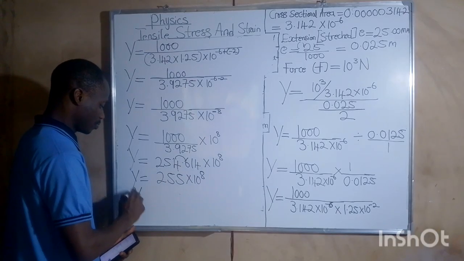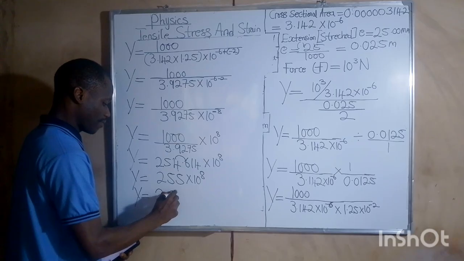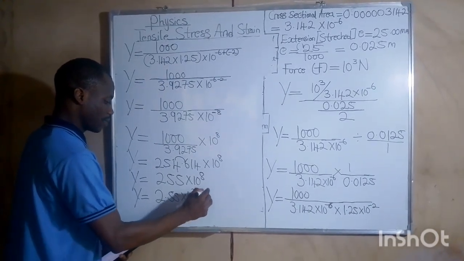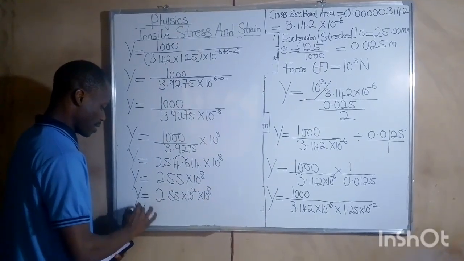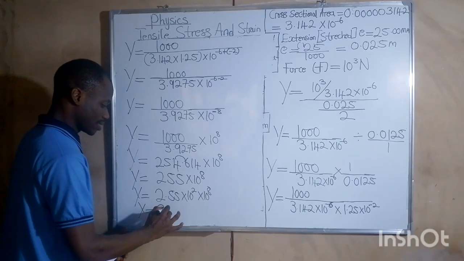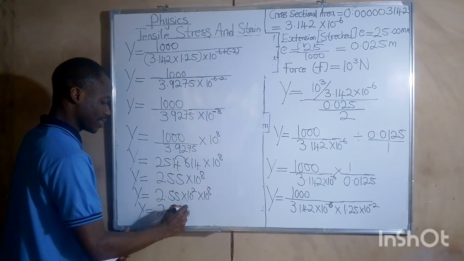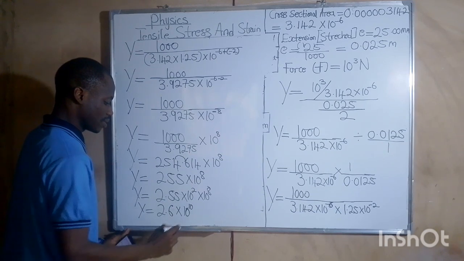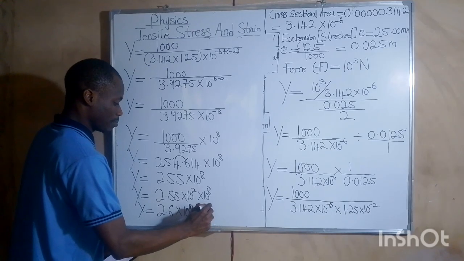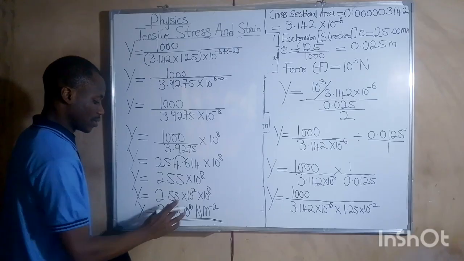So this should now be 2.55 times 10 raised to power 8. So y, the Young modulus, is 2.6 times 10 raised to power positive 10. Then the SI unit is Newton meter raised to power minus 2. So this is the correct answer.